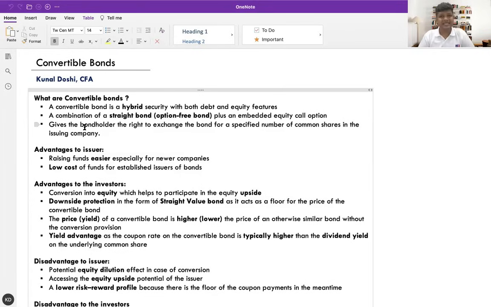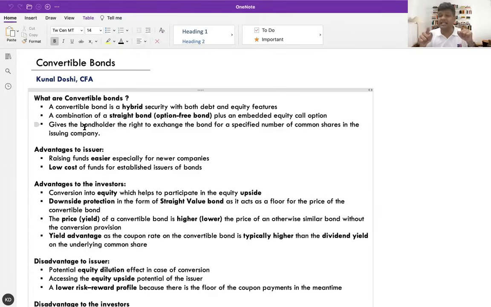So basically, why are you investing in a convertible bond? Not just because you want the coupons from the bond, which is what you get from a straight or option-free bond, but also because of the potential of the equity option. What if the equity prices increase?